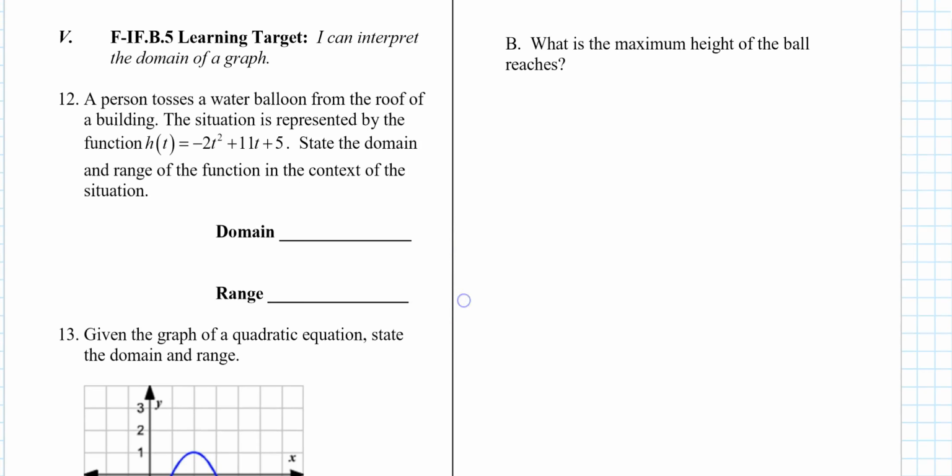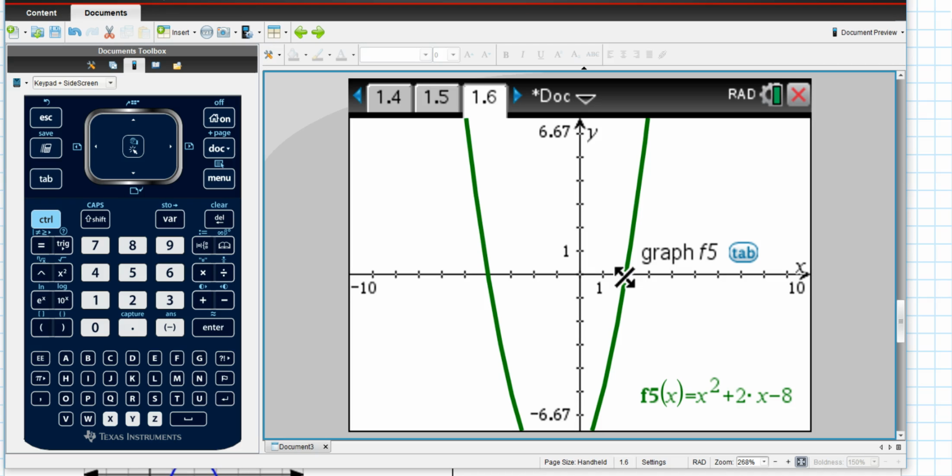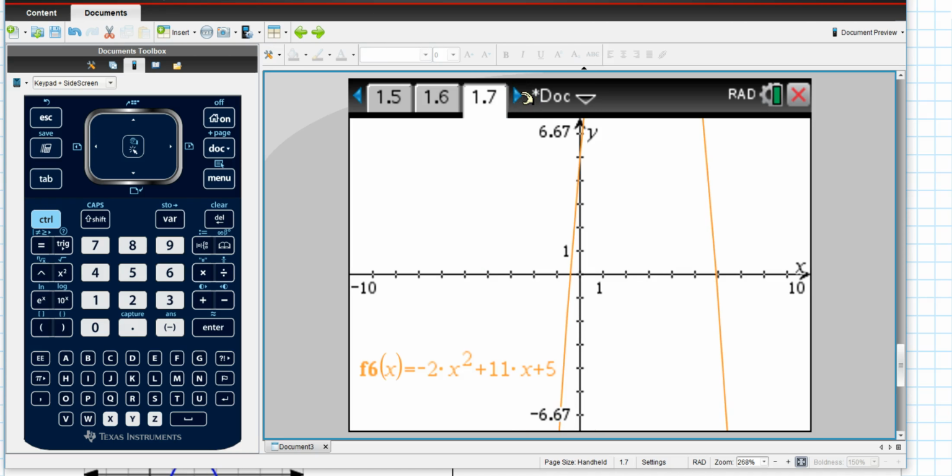12. A person tosses a water balloon from the roof of a building. The situation is represented by the function. State the domain and the range in the context of the situation. So we're throwing a water balloon. We talked about in class that in real life situations we only care about what's happening after something starts moving.